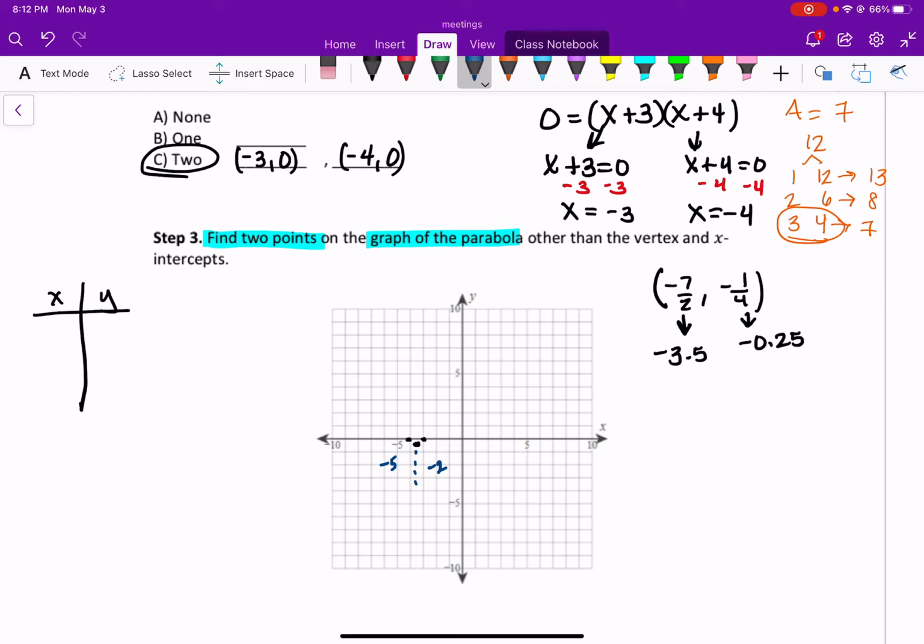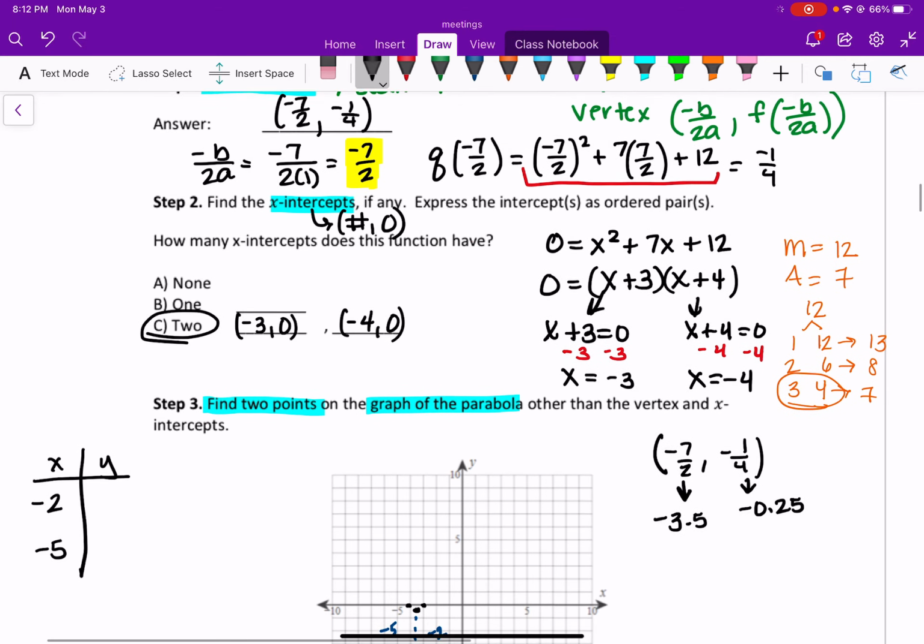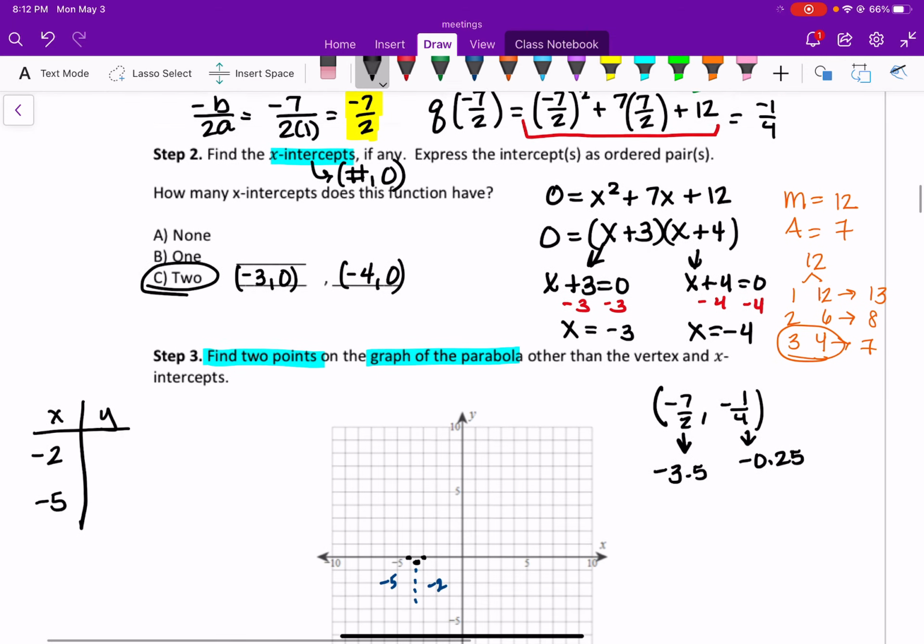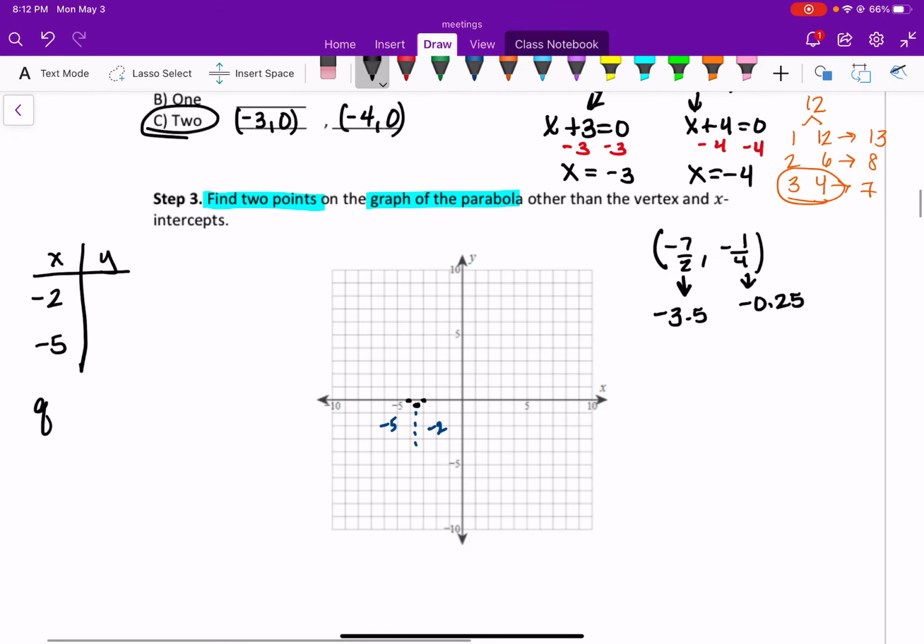So I can pick those, and that way I only have to plug in one of them, negative 2 or negative 5. So if we plug in negative 2, I'm going to get my equation again. So q of x equals negative 2 squared plus 7 times negative 2 plus 12.